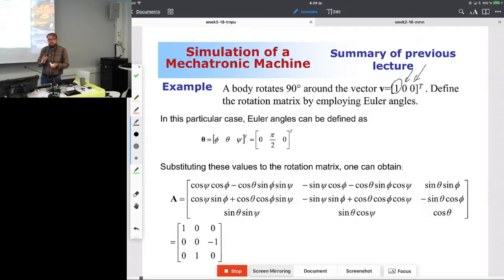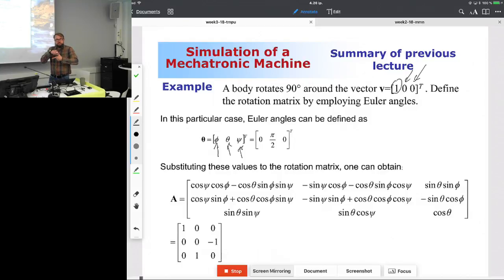So that means the rotation takes place around the x-axis. All right? Now, to define this 3x3 rotation matrix, we have to give values to these three rotational angles.